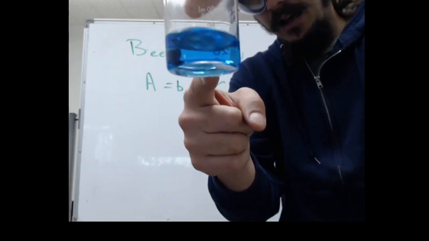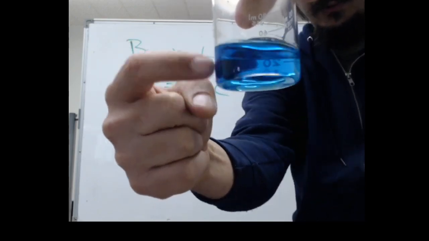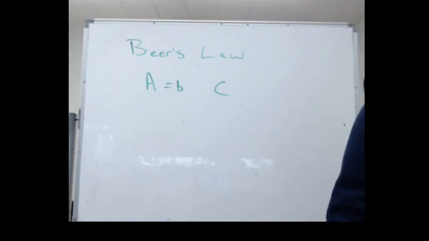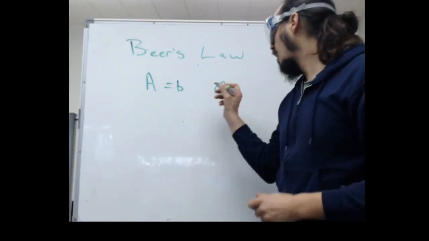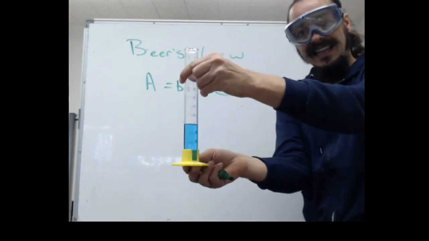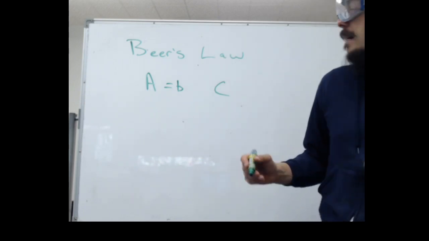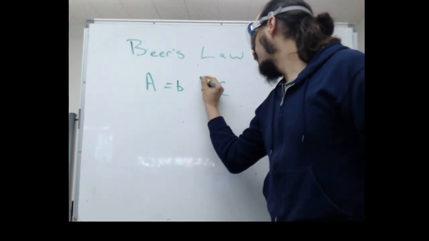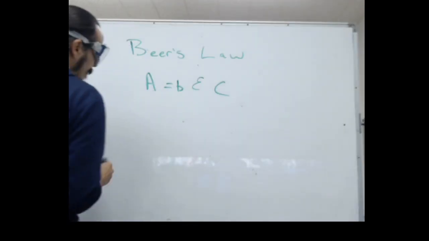The light has to travel from one side to the other, it's going to run into more molecules, and that gives rise to more absorption. And then there's also the chemical compound and how the blue dye molecules interact with the light. In order to get at that chemical relationship, we have this parameter epsilon, called the molar absorptivity.